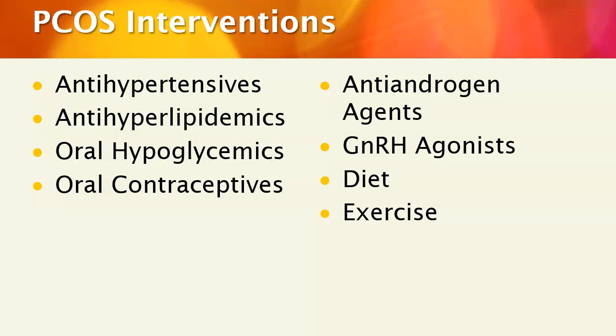We'll do oral contraceptives for the female hormones. We will do anti-androgen agents to help with the masculinization. GnRH agonists can be added. We want to make sure that we have a heart-healthy diet that's low in sugar, and we want to encourage exercise. Again, this a lot of times is attributing to infertility issues. So we want to address all of these polycystic ovary syndrome symptoms, and once we get them under control, a lot of times the female is able to conceive after that.